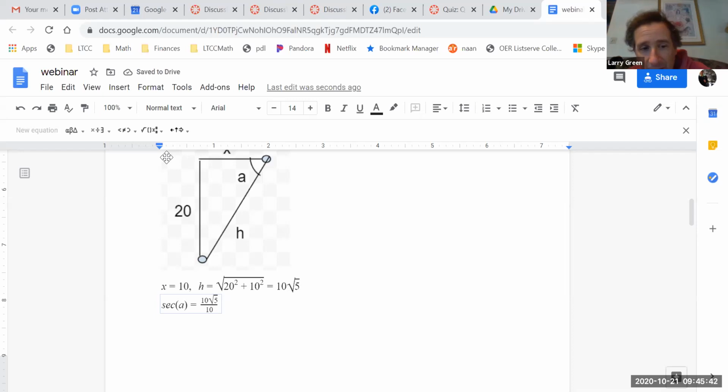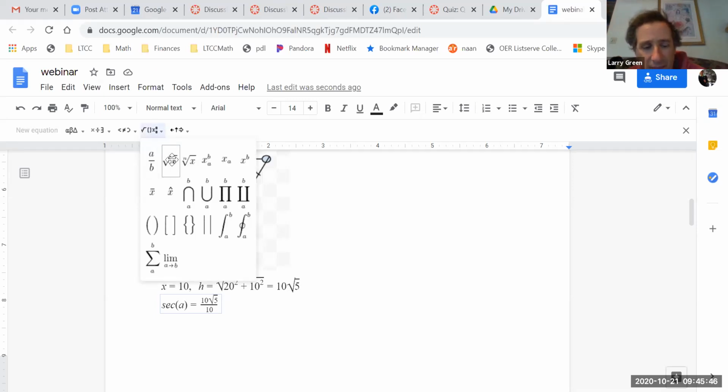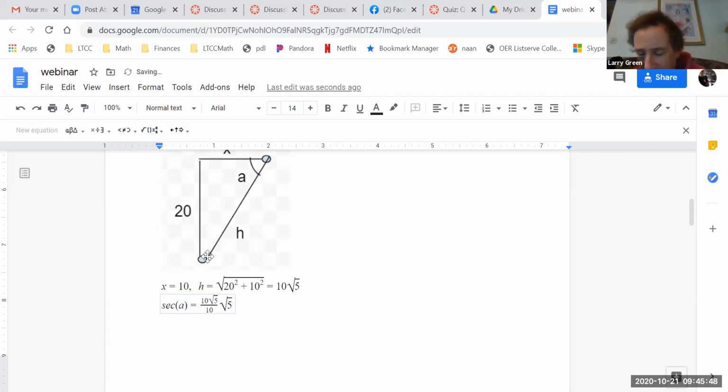Now, hopefully you all know that 10 root 5 over 10 is root 5. Okay, so now we can say that secant squared of A equals 5, because root 5 squared is 5.